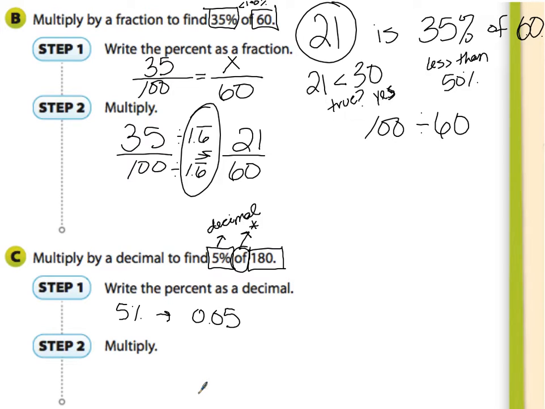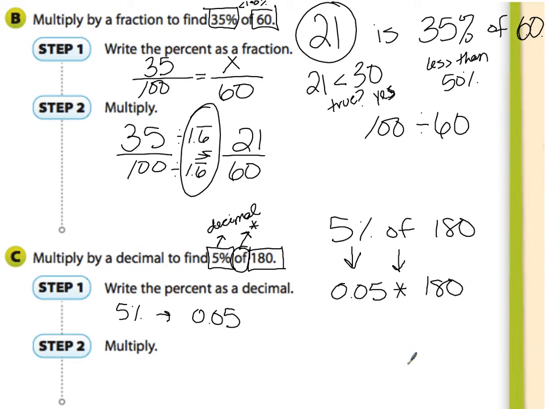Now my problem is literally spelled out for me. So if I want 5% of 180, I know that I can change this to 5% as a decimal. Of means multiply 180. So look at this. This problem already gave us an expression just from the words.